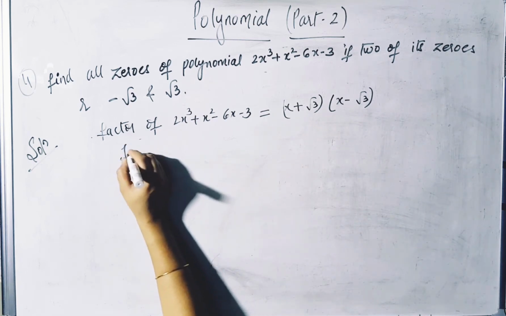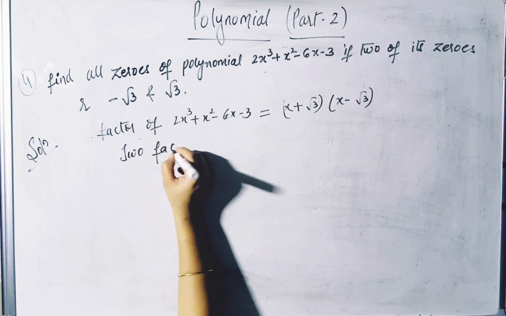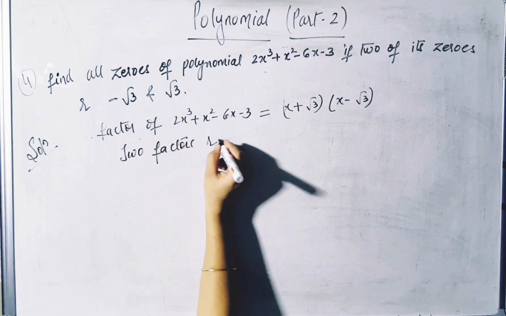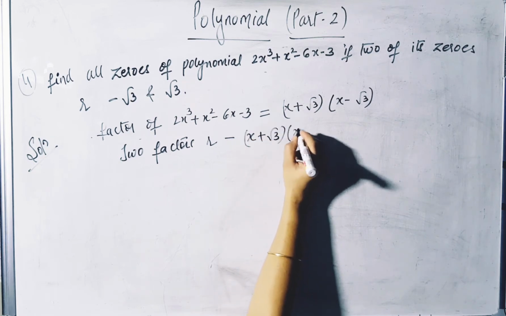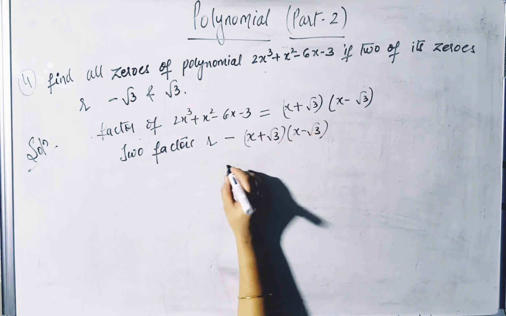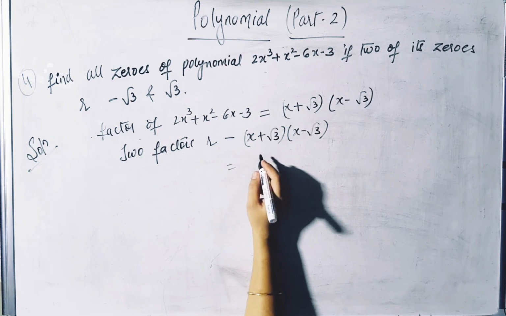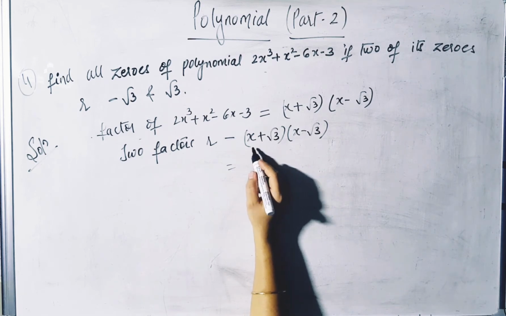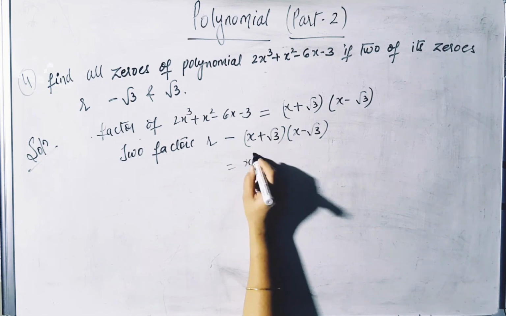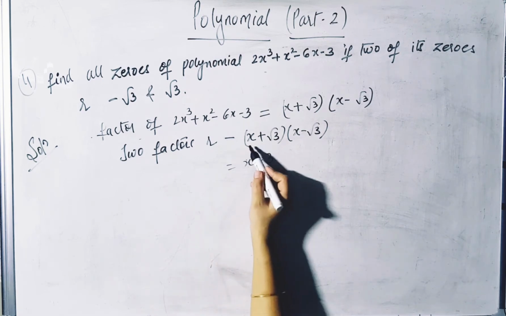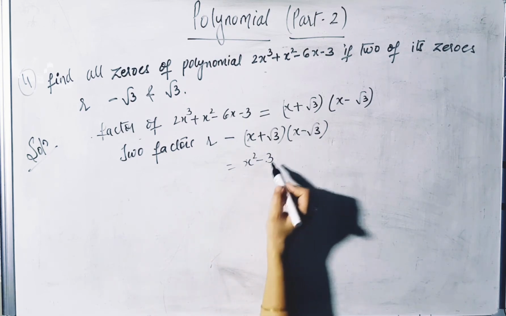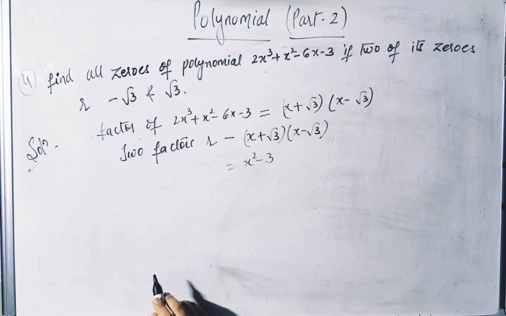So the 2 factors are x plus root 3 into x minus root 3. When we multiply these two, we'll use an identity, that is a plus b into a minus b, so we'll get x square minus 3, because a square is x square and root 3 square is 3. Now what will we do?